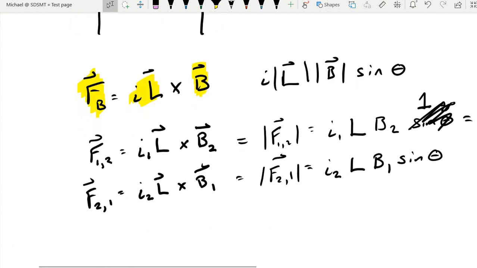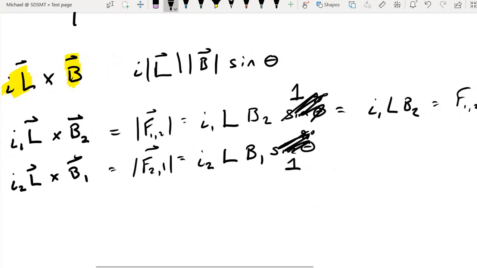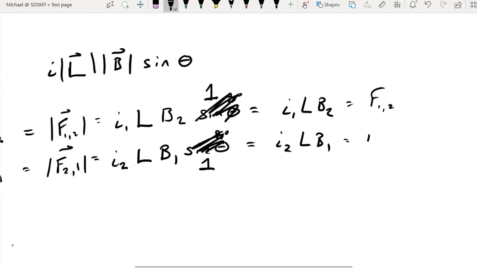That is again a 90-degree relationship. So our sine theta evaluates to a 1. And we get I2 L B1 as the magnitude of force 2 as a result of wire 1.